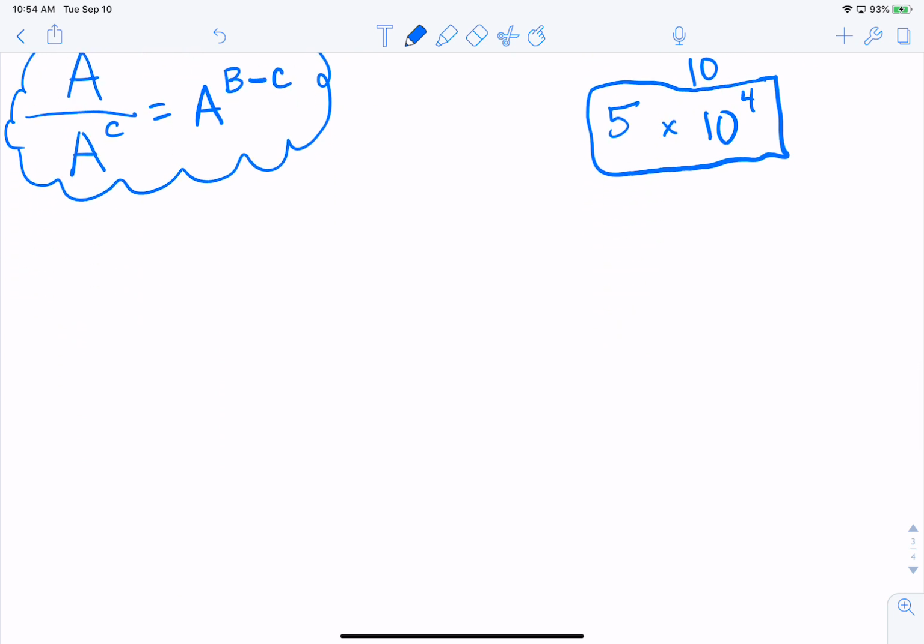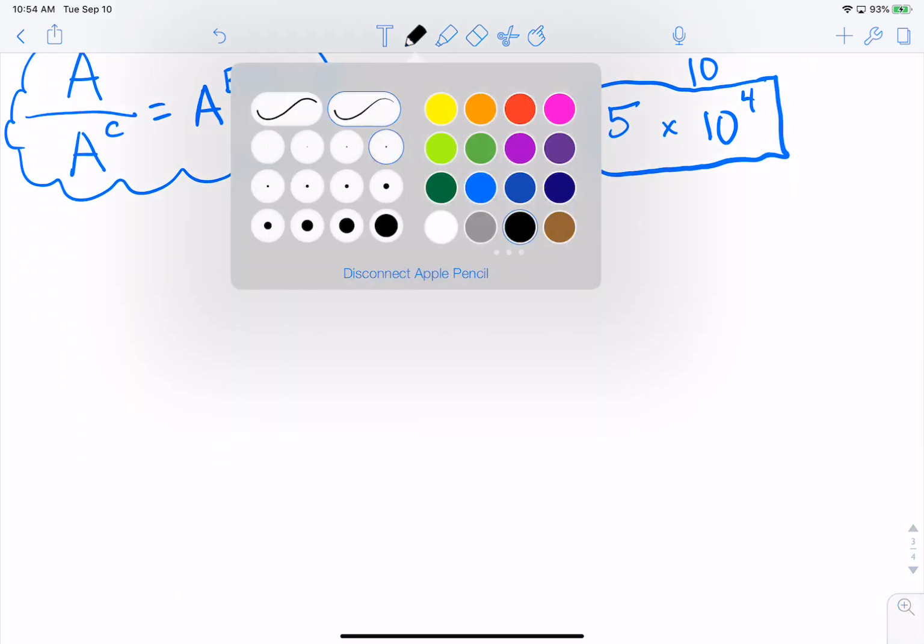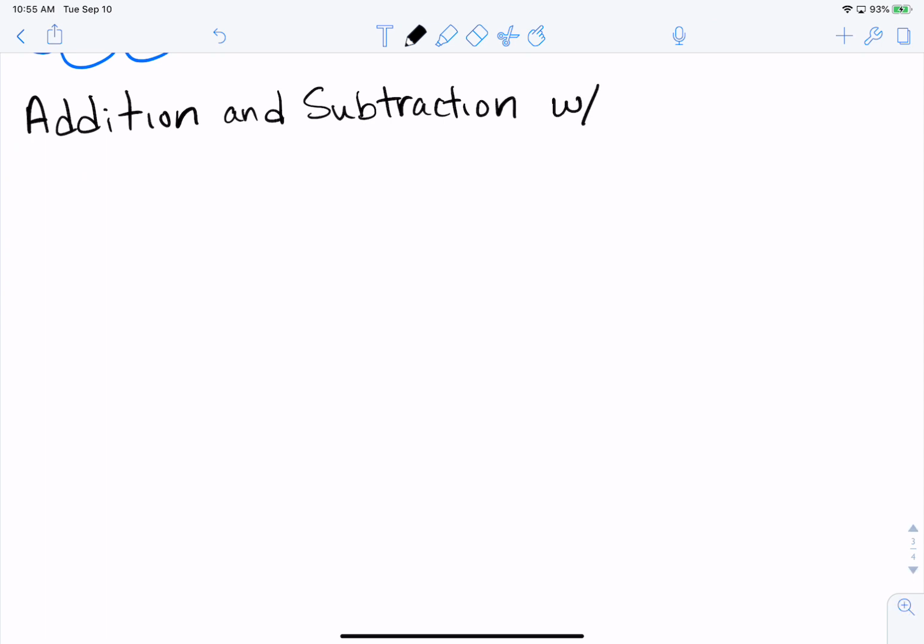All right, so let's move on to adding and subtracting. You will do this a lot less in chemistry, but you should know how to do it. So addition and subtraction with scientific notation.